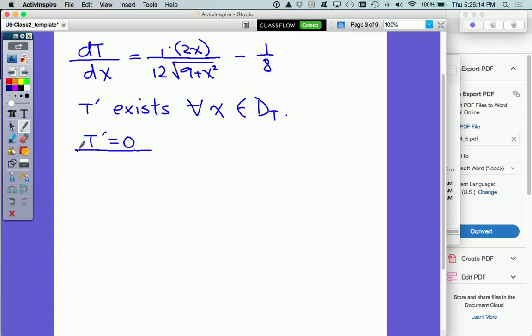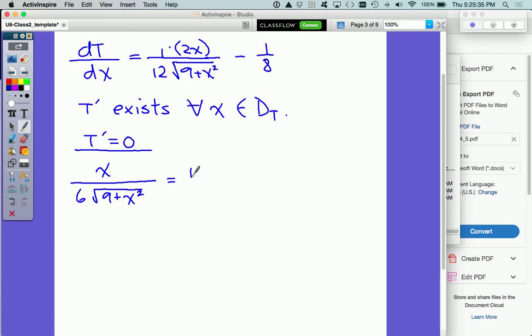And t prime is going to equal 0 when, well, I can see up here I've got a 2 and a 12, so that'll reduce down a little bit. So I'm going to be left with x over 6 root 9 plus x squared. And I think of taking the minus 8 to the other side because it's equal to 0.